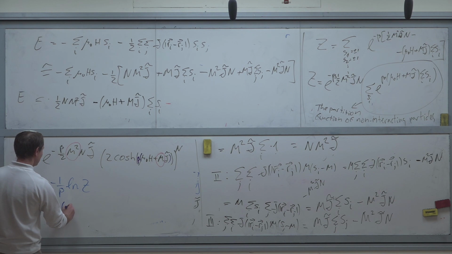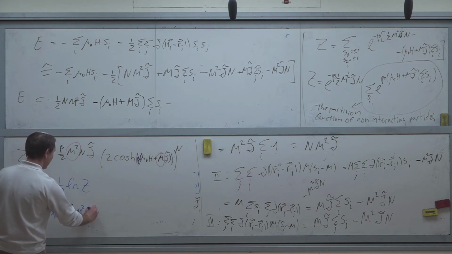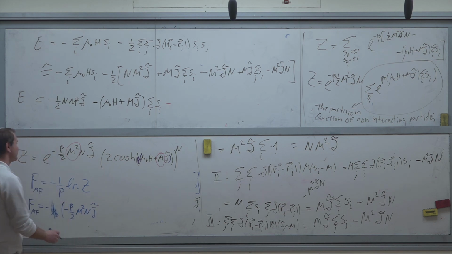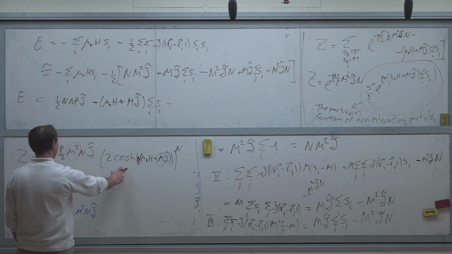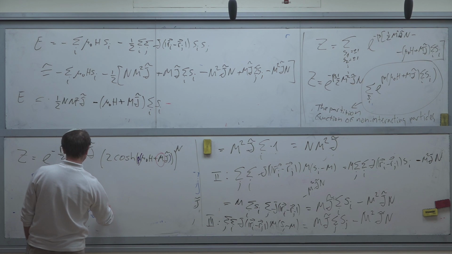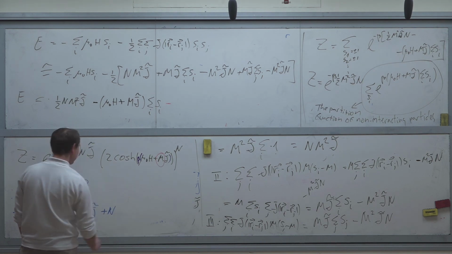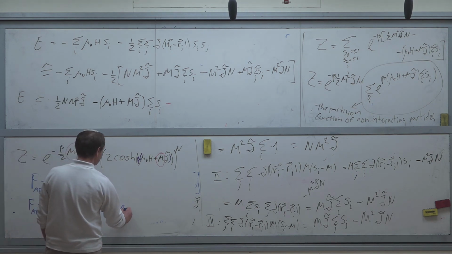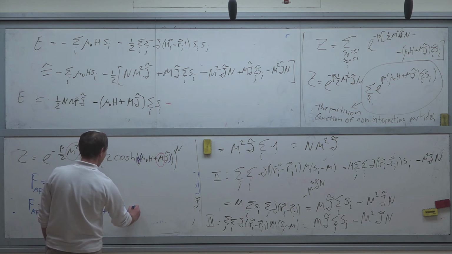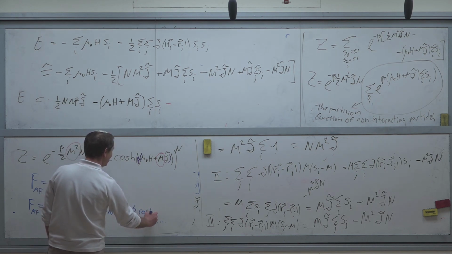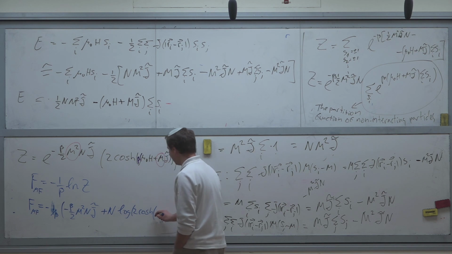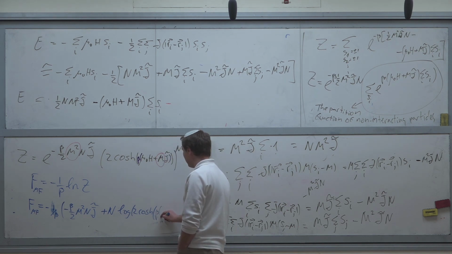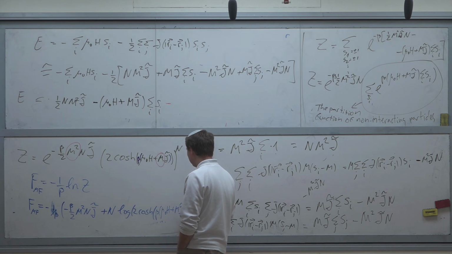This guy contributes minus beta divided by 2 m squared N J tilde, and here we have plus N log of 2 hyperbolic cosine of whatever we have inside: beta mu 0 h plus m J tilde.